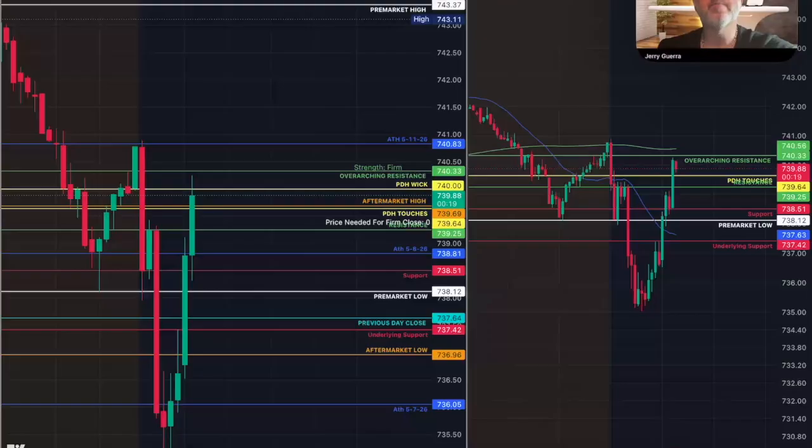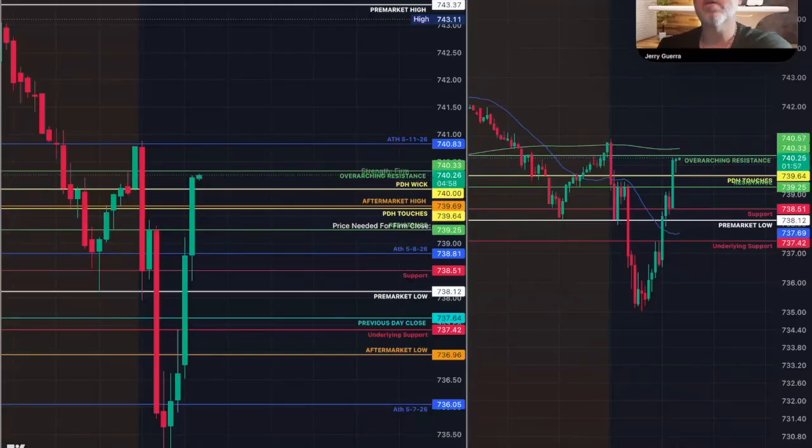Twenty seconds, team. 16 seconds. It does need to be above these previous day high touches. Two, one. Buying here. Filled at 172.